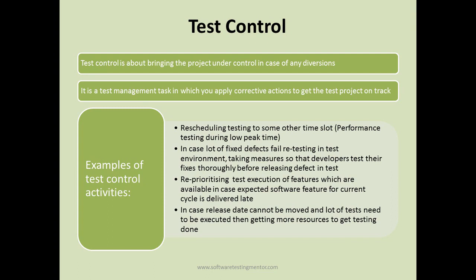Then suppose there are a lot of defect fixes that you are getting from the development team, and when those defects are retested, they are found not to be actually fixed and the problem still exists.